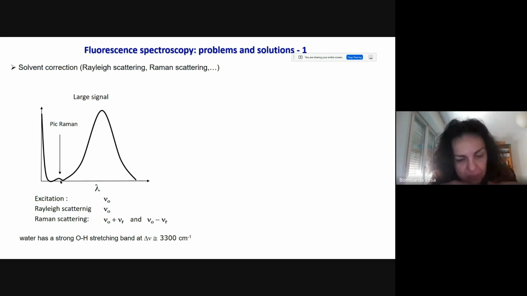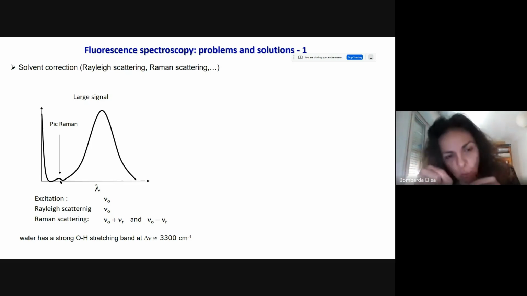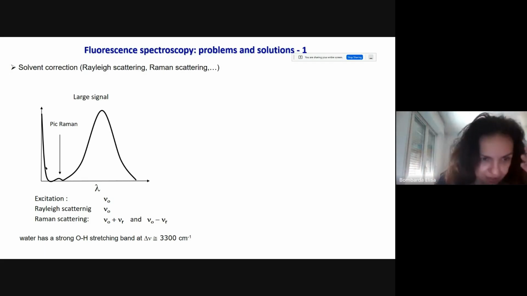So that is involved in the vibration of the solvent molecule. It is very low per molecule, but since the solvent is present in a large amount, much more than the fluorophore, at the end it provides a peak that is detected.